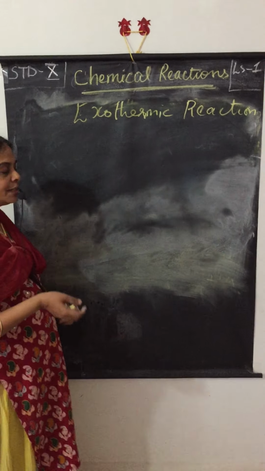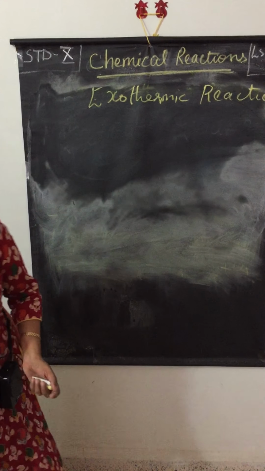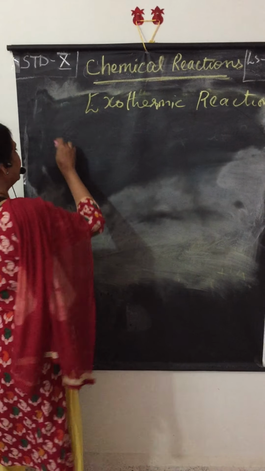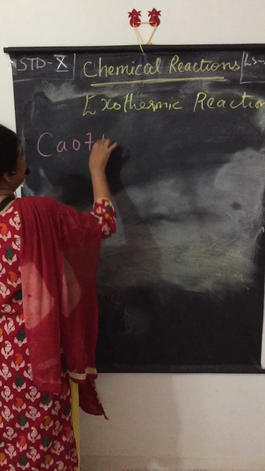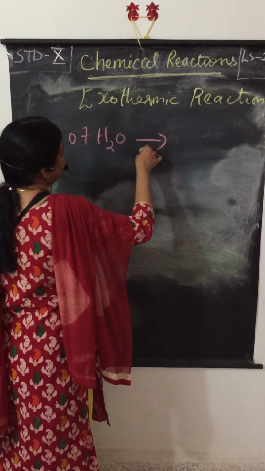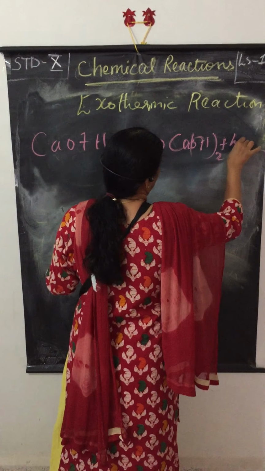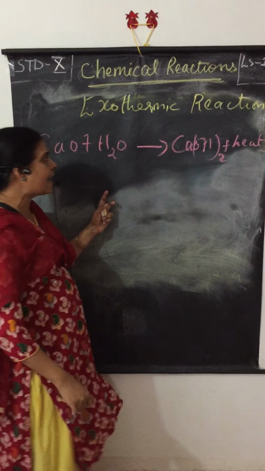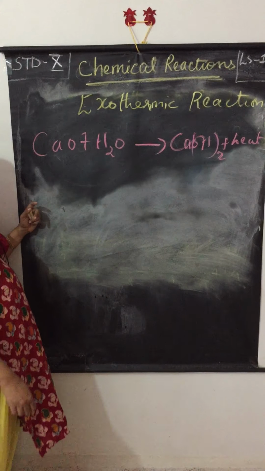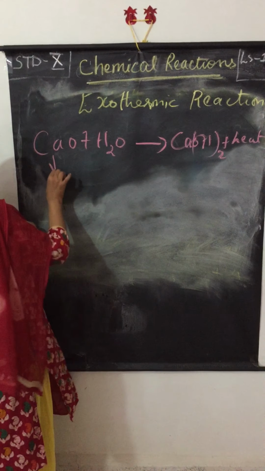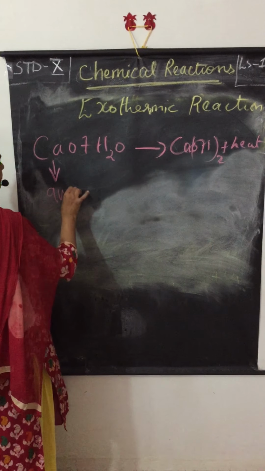For example, calcium oxide when dissolved in water gives calcium hydroxide plus heat. This is an example of an exothermic reaction. Here calcium oxide is called quicklime.